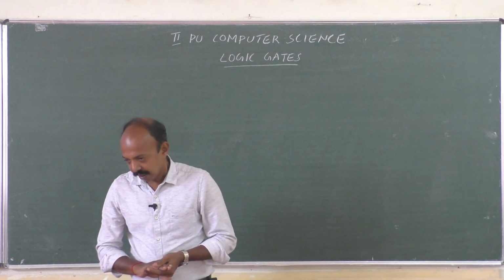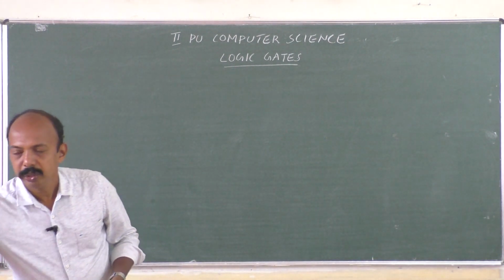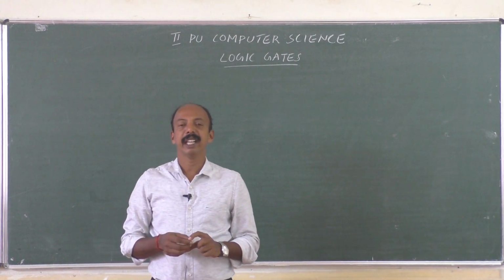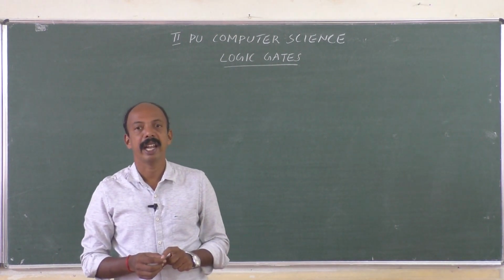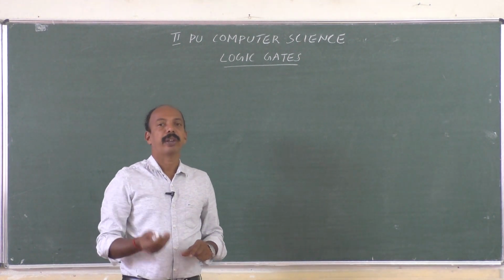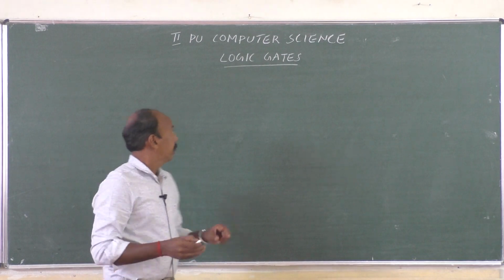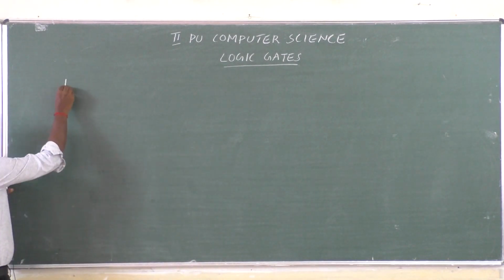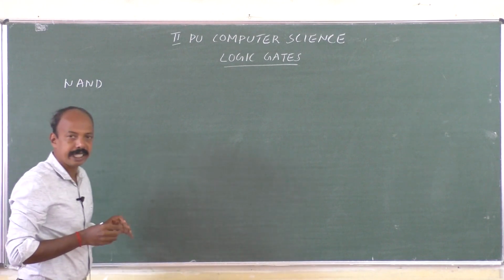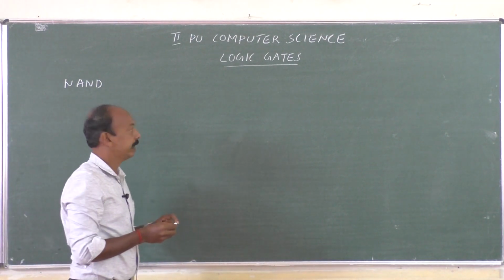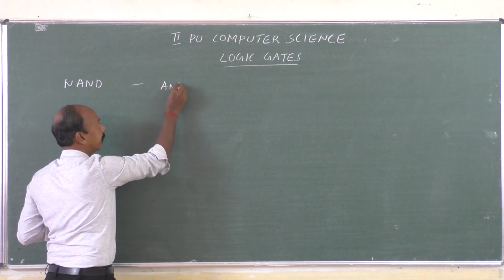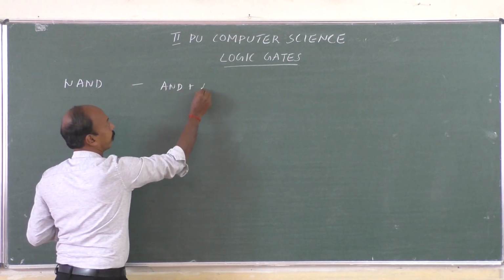Already we have seen the basic gates, and in derived gates we have seen the NAND gate. Today we shall look into the NOR gate. Let us just recall, when we discussed the NAND gate, it is the combination of AND and NOT.